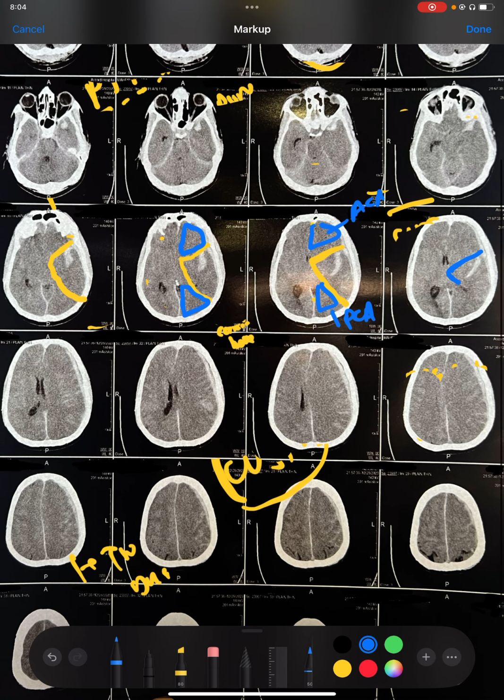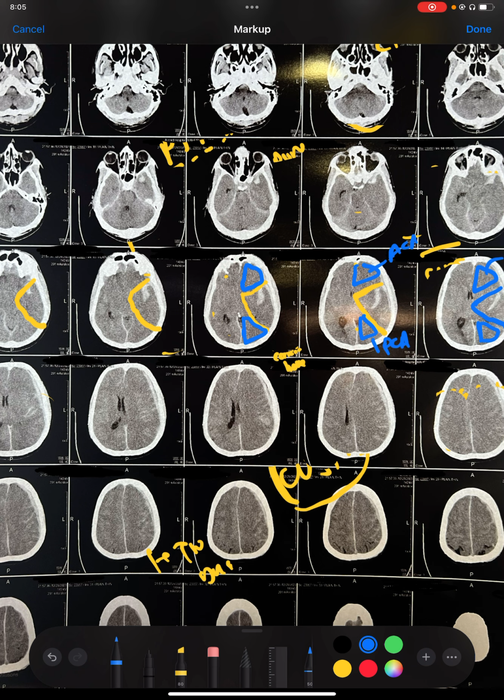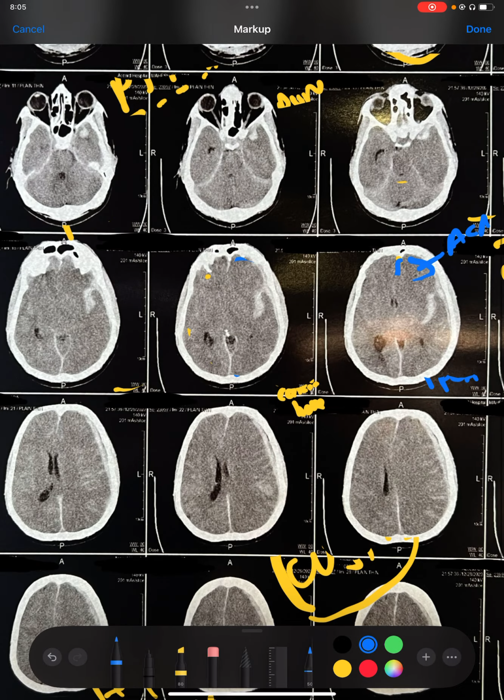So in here what has happened is there is some bleed in the typical MCA territory. So it has to be most probably an aneurysmal bleed, and the aneurysm is at the MCA bifurcation.